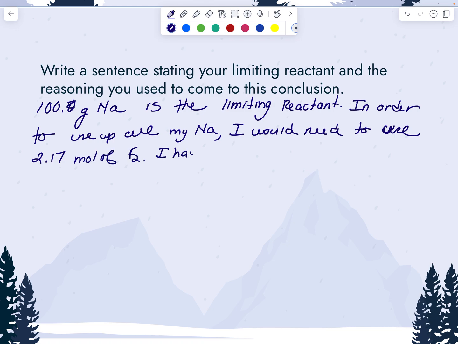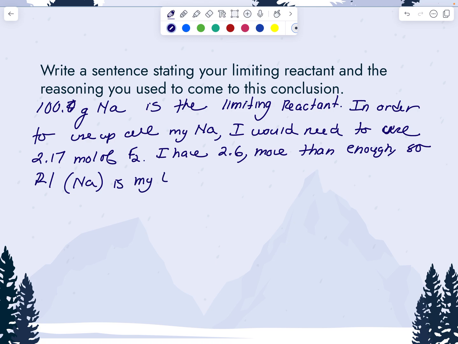I have 2.6, more than enough. So reactant 1, or sodium, is my limiting reactant because it runs out first.